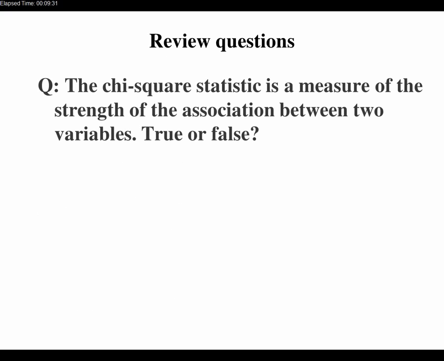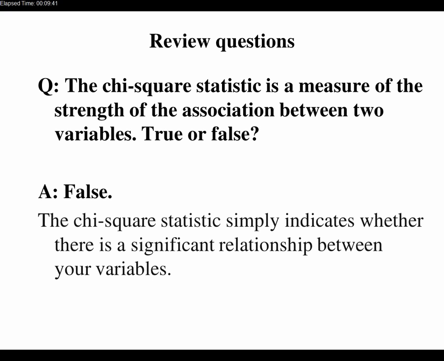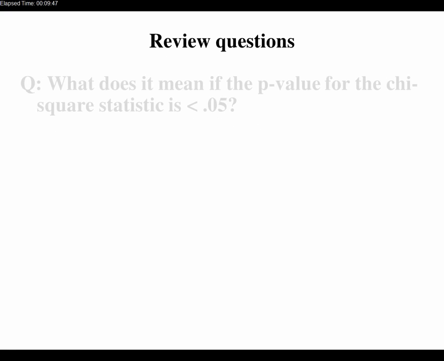Okay, next review question: the chi-square statistic is a measure of the strength of the association between two variables. True or false? That's right, it's false. The chi-square statistic simply indicates whether there is a significant relationship between the variables. Okay, here's another question.